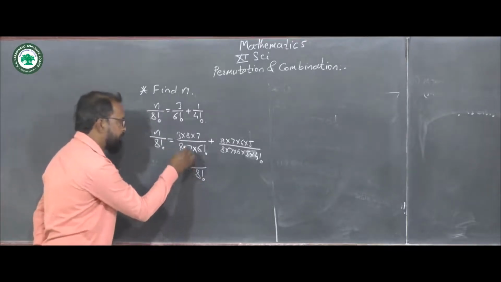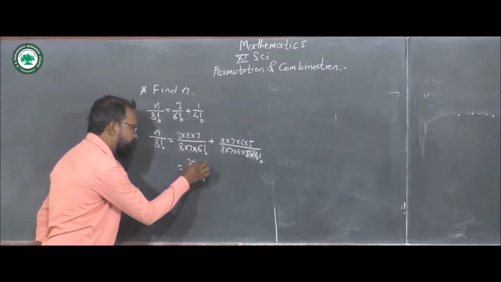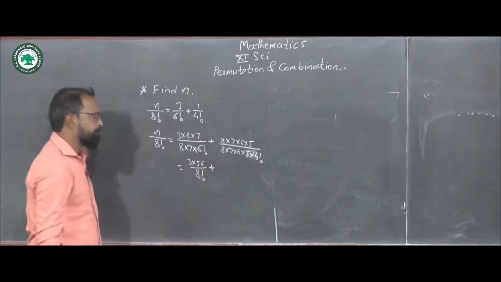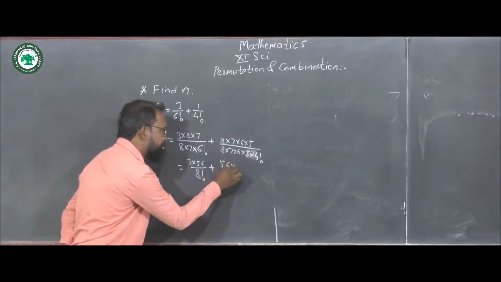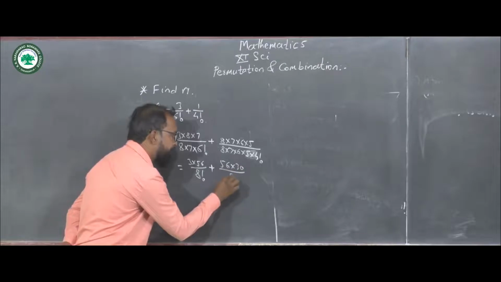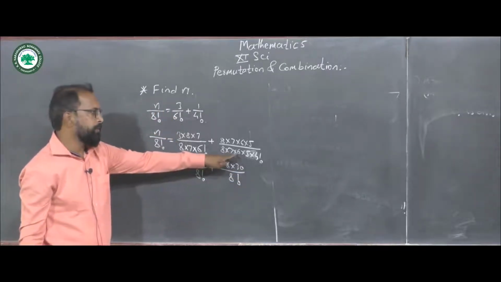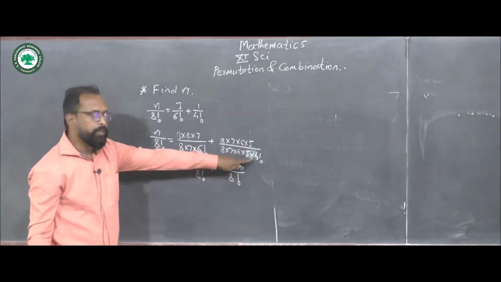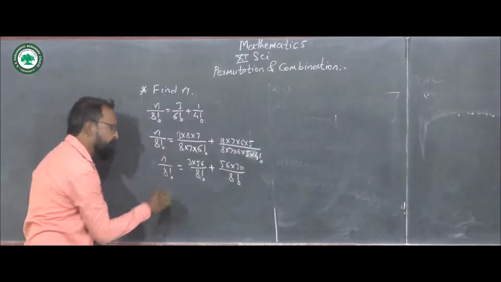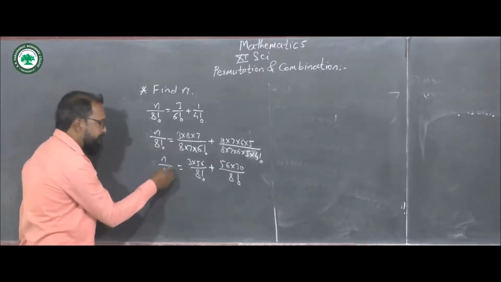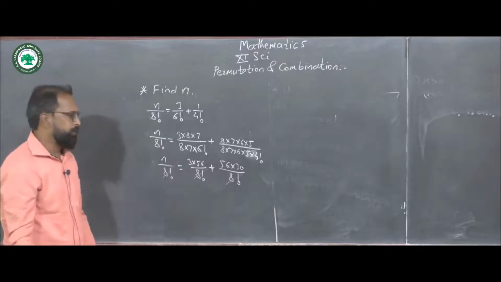Similarly, now this product is 3 into 56 plus 56 into 30, divided by this 8 factorial again, since 8 into 7 into 6 into 5 into 4 factorial is 8 factorial. Here it is n upon 8 factorial. Now this 8 factorial gets cancelled since each denominator is 8 factorial.